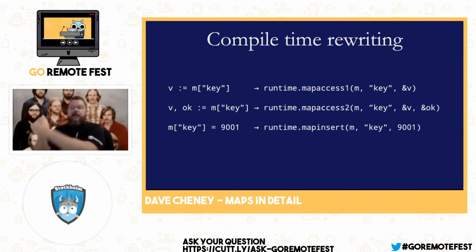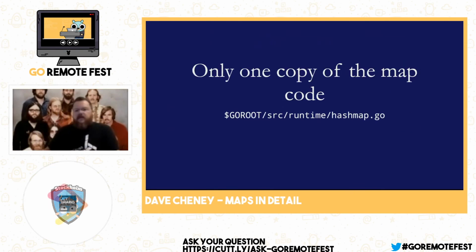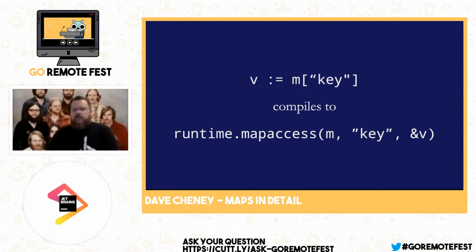This rewriting happens for every key and value. So how does that work? The first bit is that we know that v equals m of key compiles to runtime map access with the key and the address of v. So how does this work?